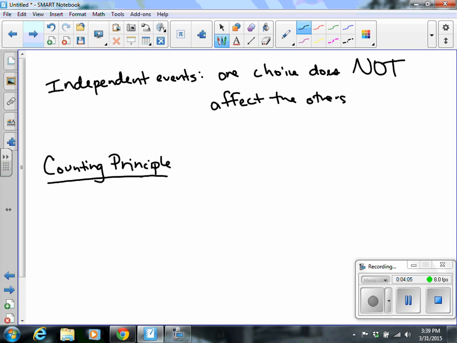Counting principle. The counting principle is if an event M can occur in M ways and is followed by an independent event N that can occur N ways, then the event M followed by event N can occur in M times N ways. Okay, event M equals M ways. Event N equals N ways.